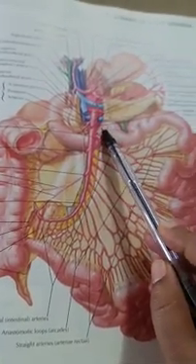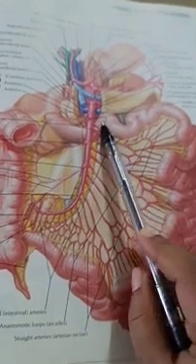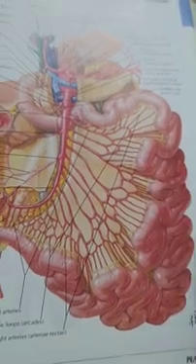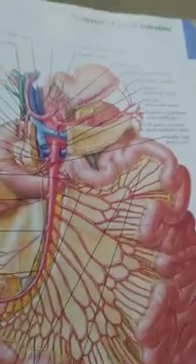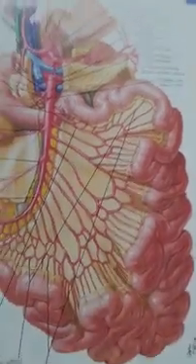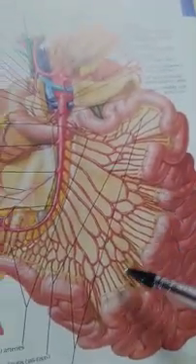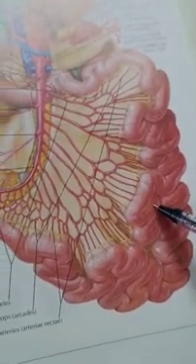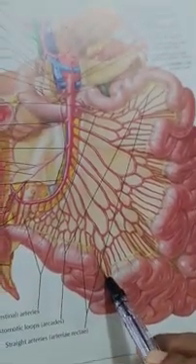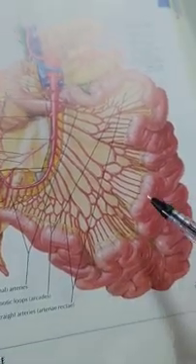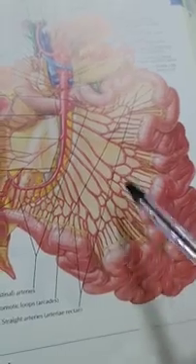The jejunum starts from the duodenojejunal flexure, and it forms the upper 2/5 of the small mobile part, and the lower 3/5 is formed by the ileum.